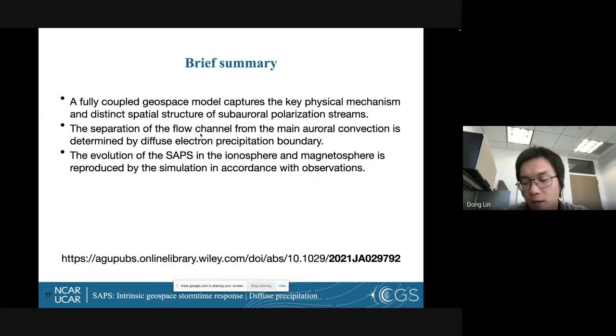The success should be attributed to the new presentation, which deals with the diffuse and monoenergetic separately based on the distinct driving physical mechanisms. We also explored the evolution of SAPS in the ionosphere and the thermosphere in this study, and you are welcome to check out more details from this paper.